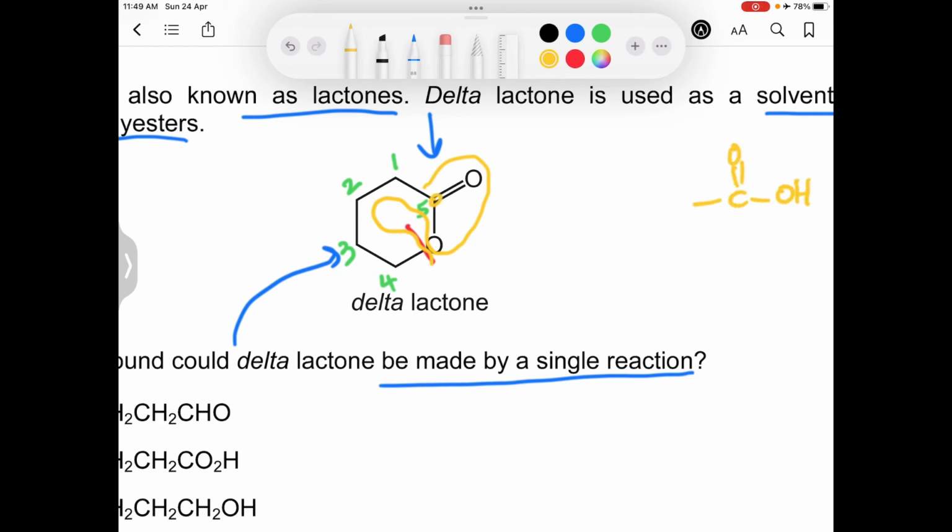And yes, this is the carbon here, and we will start the second carbon, CH2, the third, the fourth, the fifth. But in this case, you want to make a cyclization, you must add another group, let's say a hydroxyl group.